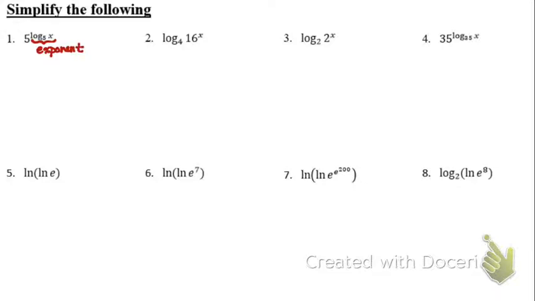So I can think about this almost in its log form. I could say to myself, log base 5 of something is equal to my exponent. What's the exponent here?